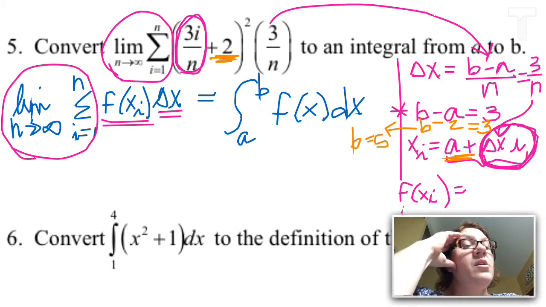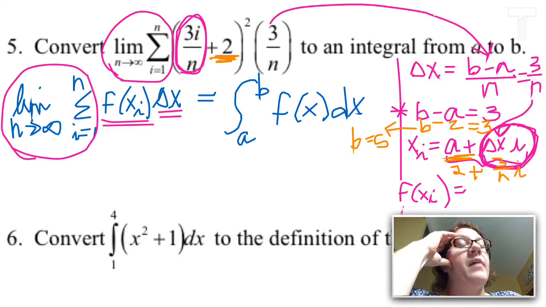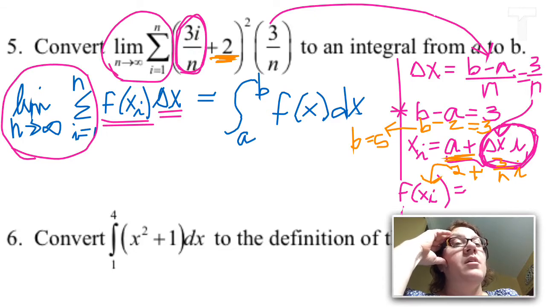Okay, so now the additional piece is that I've taken this 2 plus, remember we said delta x was 3 over n, and I've had to plug it into something, and so I checked to see, well, what's happening to the 2 plus 3 over n? And what I notice is happening to it is it's being squared.